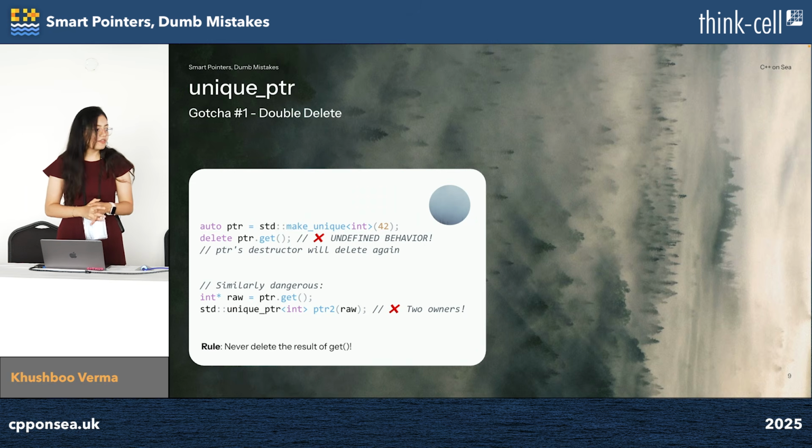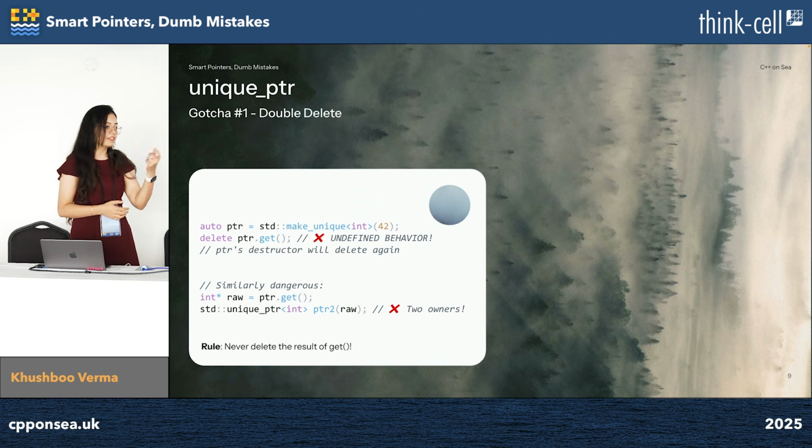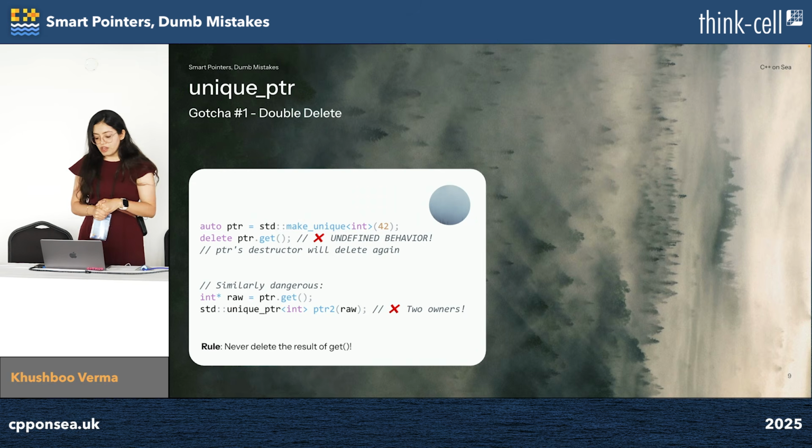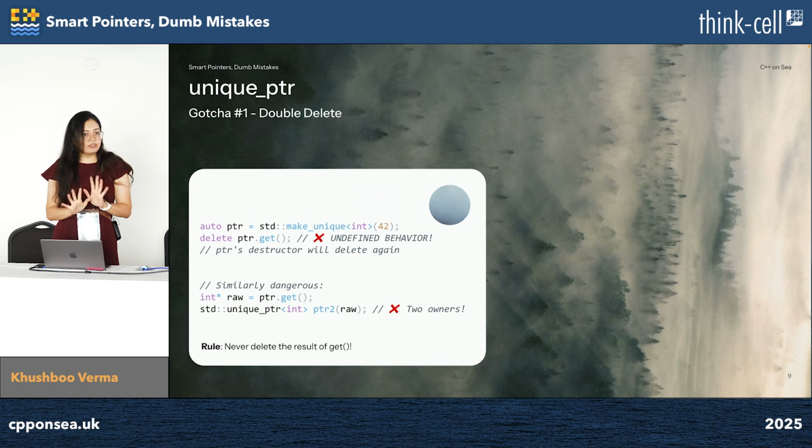So double deletions are very common. A rule of thumb to keep in mind is do not use get and then delete at the same time. This is one of the most common unique pointer bugs, I think. Even in the second example, we can see that when we are making a raw pointer with pointer.get, and then I'm again trying to use that pointer inside my unique pointer, in both of these cases there are going to be unexpected behaviors, and both will try to delete the resource when they go out of scope.